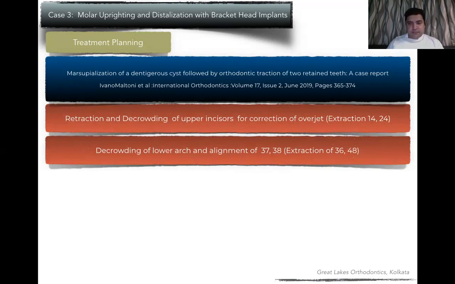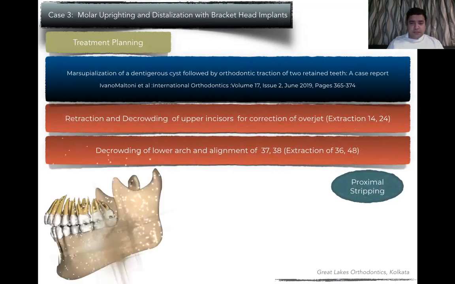We are planning to extract 3/6, which is already compromised, and 4/8, which is mesioangularly impacted. We might require a bit of proximal stripping in the lower anteriors because they are already proclined. So what do we plan to do?